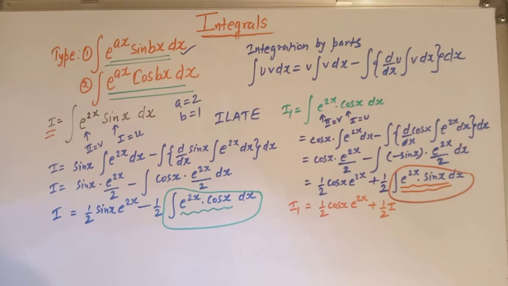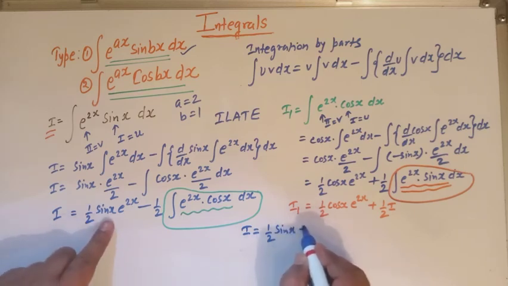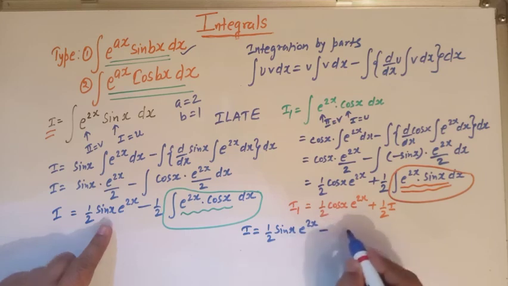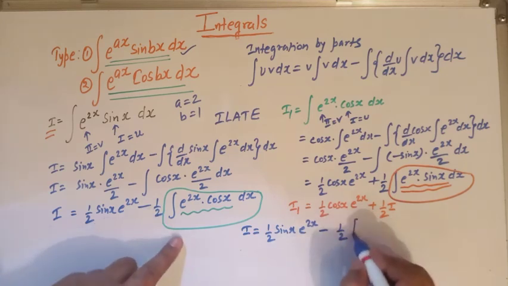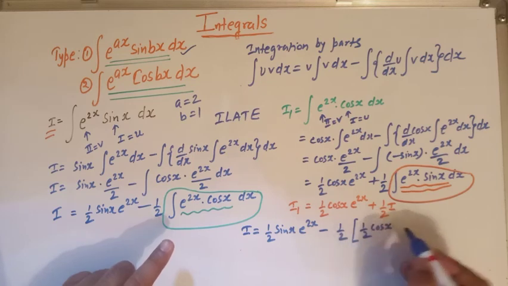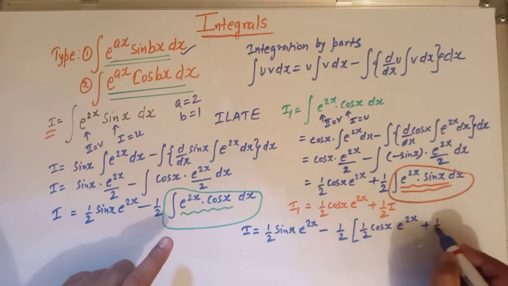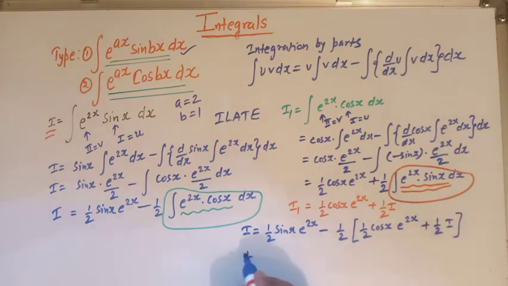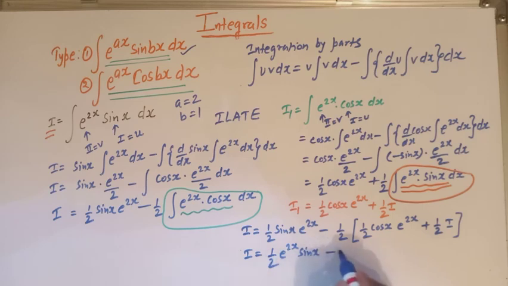So we get I is equal to half sine x e raised to 2x minus half times the value of I1, and I1 is half cos x e raised to 2x plus half of I. Now this can be written as I is equal to half e raised to 2x sin x minus 1 by 4 e raised to 2x cos x minus 1 by 4 I. Now we take this minus 1 by 4 I to this side.